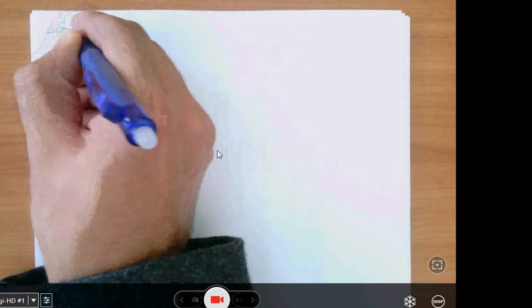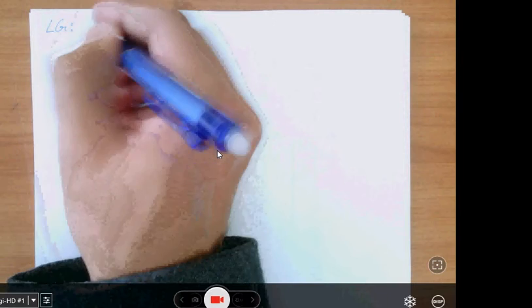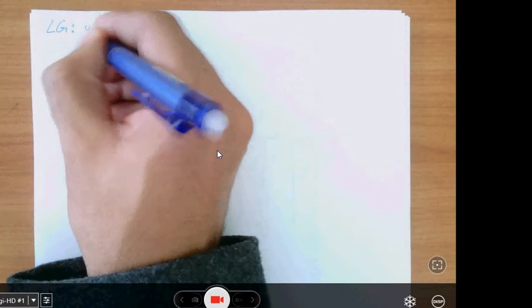So what I'm going to do, I'm going to write down our learning goal first. Up on the projector, everything's set up. Hopefully this works this time. Learning goal is that you will be able to express trig functions in the form of trig compound angles. Okay.